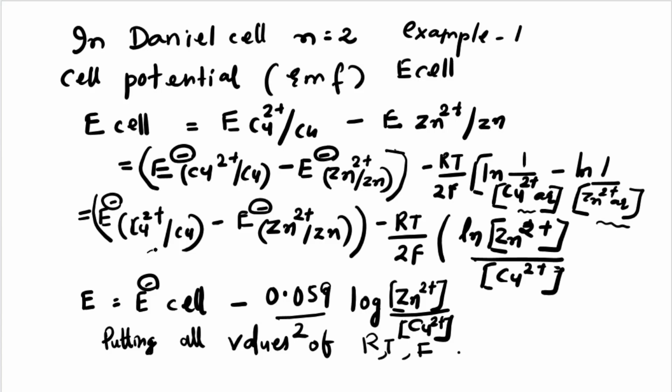Just now you saw, you subtract the standard electrode potential of the zinc electrode from the standard electrode potential of the copper electrode, then you will get the value E0 cell, the standard electrode potential of the cell, minus 0.0591, what I told, after putting all the values.